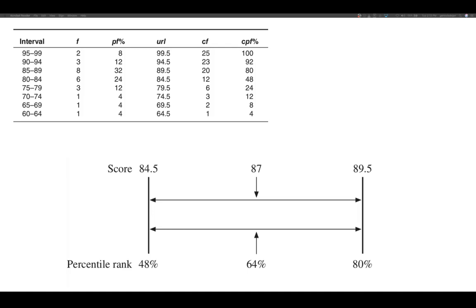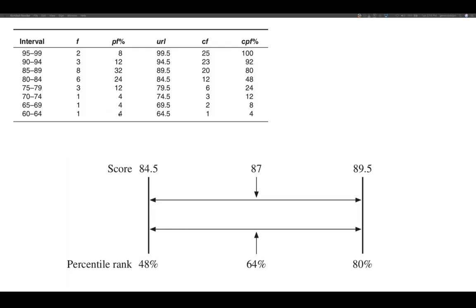Basically, you can use linear interpolation to estimate both percentiles and percentile ranks. The key assumption behind linear interpolation is that the scores are spread evenly, or linearly, throughout the interval.